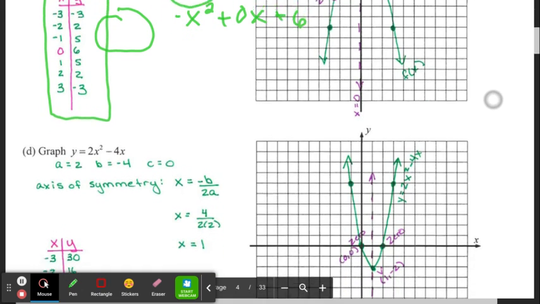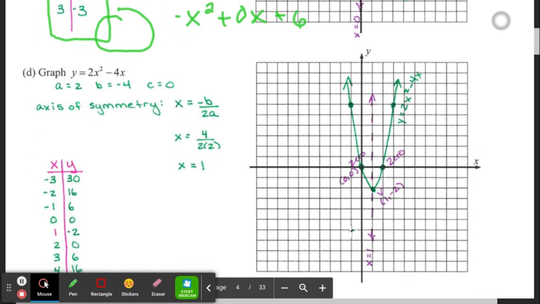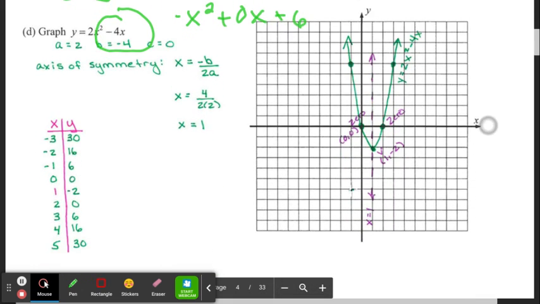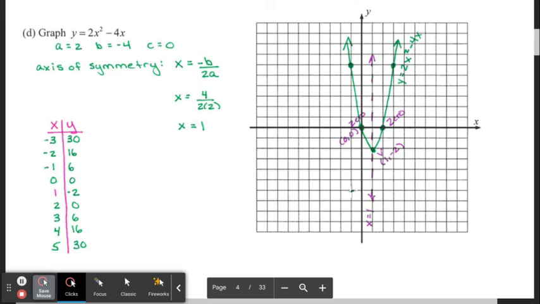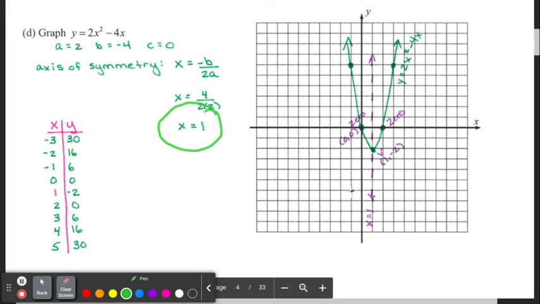In this case, our C number is 0, and that doesn't do a thing to our problem. So my axis of symmetry here is a 1. So I put my 1 in the middle, and again, I went a little too far. You can always put more in your table. It's fine. But that's the minimum. That's what I want to see.